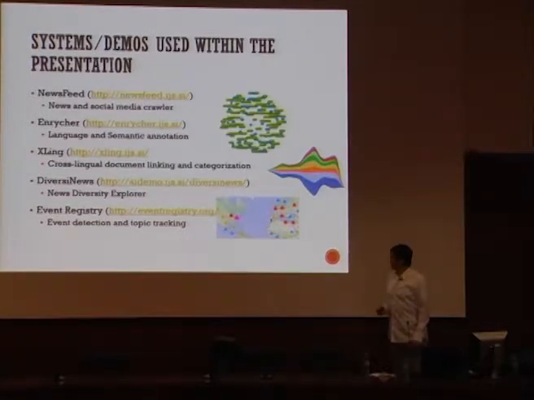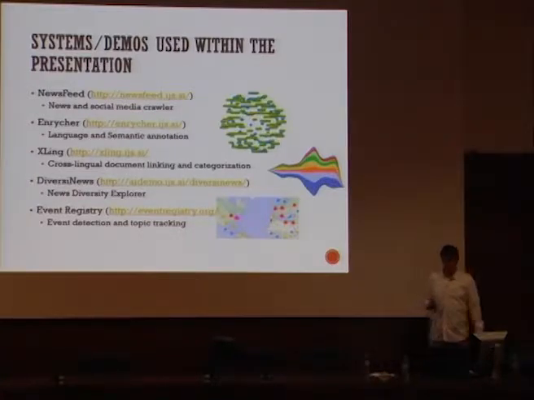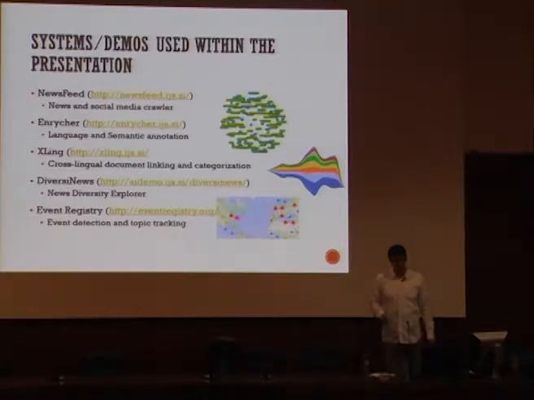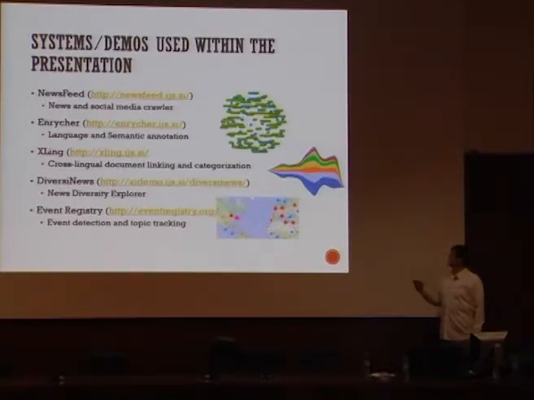The second one we will not be really interested in, but it's an additional layer that we have: language and semantic annotation available only for a couple of European languages, so English, German, I think Spanish. So this will be the main component. This is in fact my work now, and I have been working on this for more than 4 years. We have cross-lingual document linking and categorization, but as I said before, this also enables mapping into the common space.